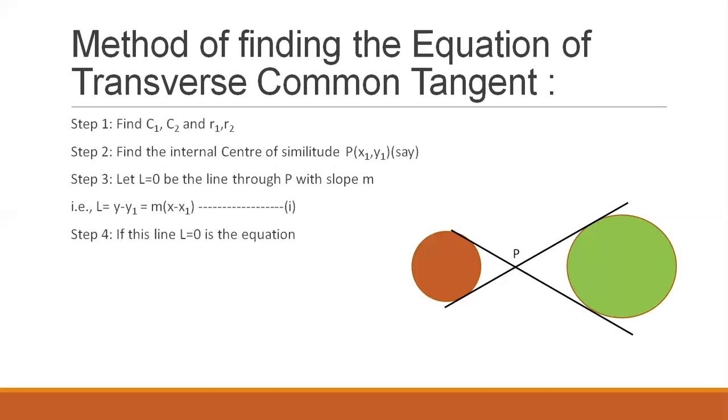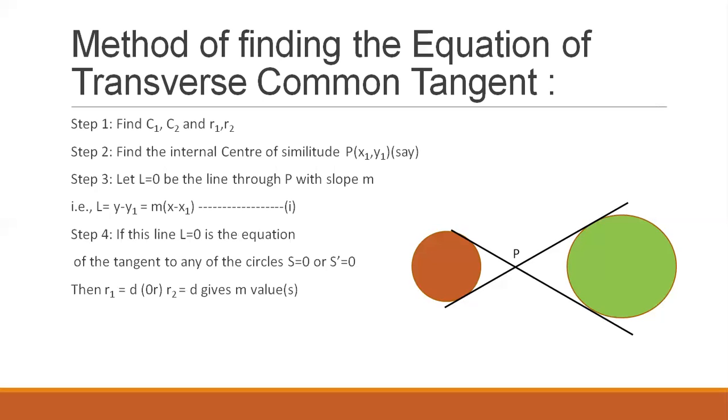we will be left to find the value of m. If this line L equal to 0 is the equation of the tangent to any of the circles S equal to 0 or S' equal to 0, then what is the condition for a line to be a tangent to the given circle, children? You can take either the first circle or the second circle. Then the condition is r equal to d.